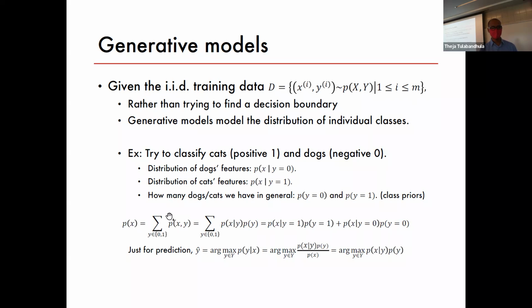Then this joint distribution factorizes as the conditional probability times a marginal probability itself: P of X given Y times P of Y. P of X given Y equal to 0 may be normally distributed, but P of X itself is an average of normal distributions.